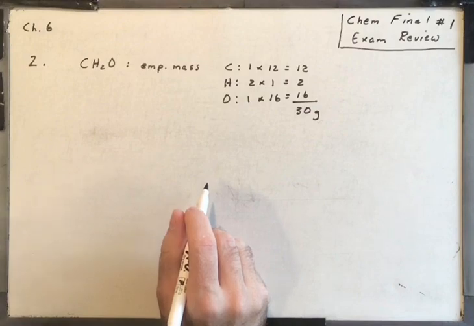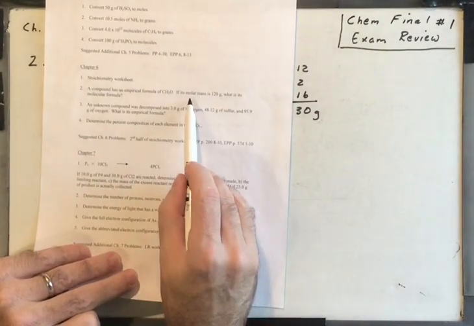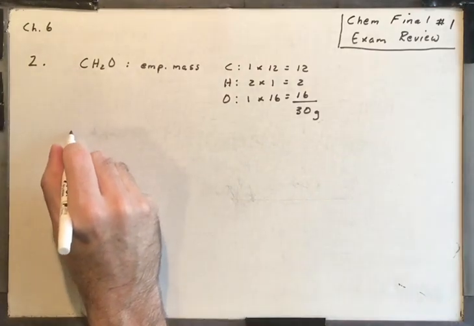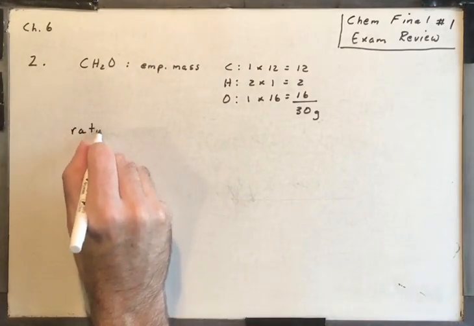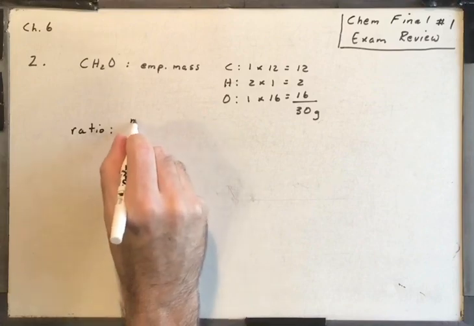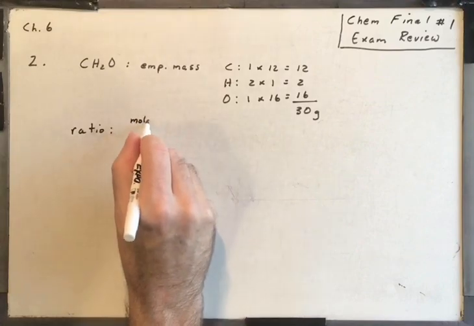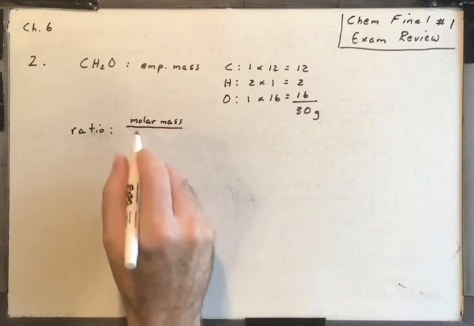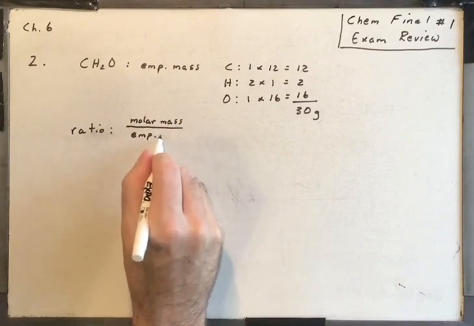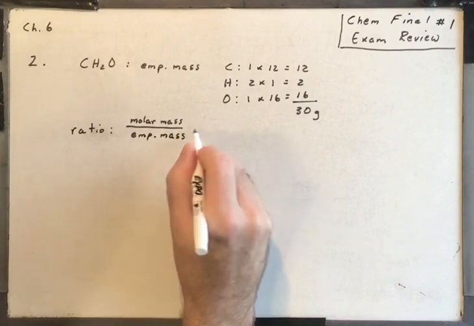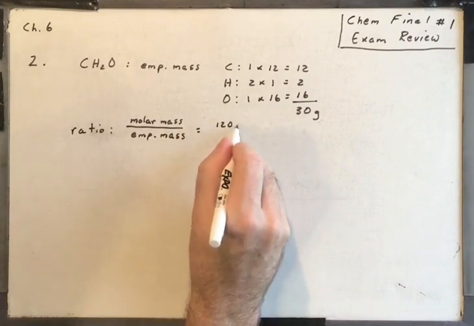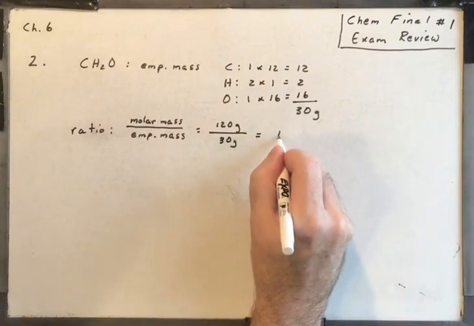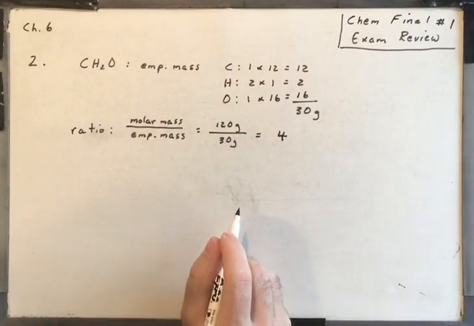Now the problem says that the molar mass is 120. Okay, so you're doing a ratio here. You take the molar mass, or molecular mass, and divide that by the empirical mass, and you'll get a ratio. So that's going to be 120 grams divided by 30 grams, which gives you a ratio of 4 to 1.